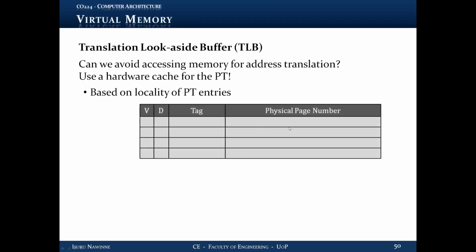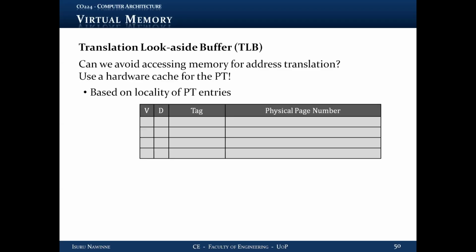So it looks something like this, very similar to the caches that we have seen so far. The difference is that the data you're storing is a physical page number, right? This cache, the TLB, works based on the locality of page table entries. That is, recently accessed page table entries should stay in the TLB. Page table entries located close to recently accessed page table entries should stay in the TLB, right?